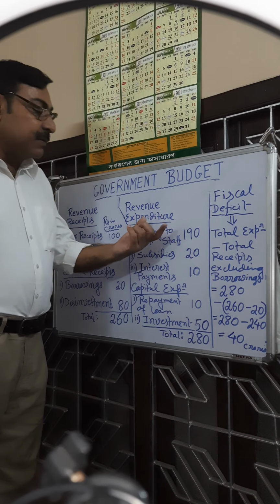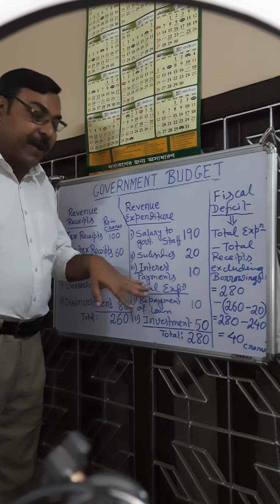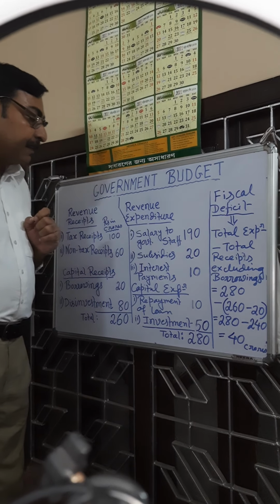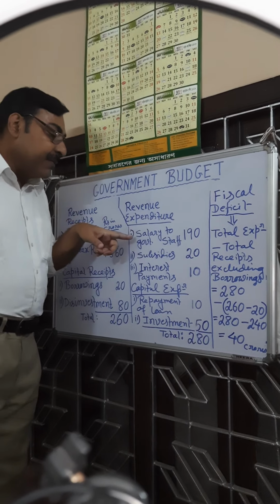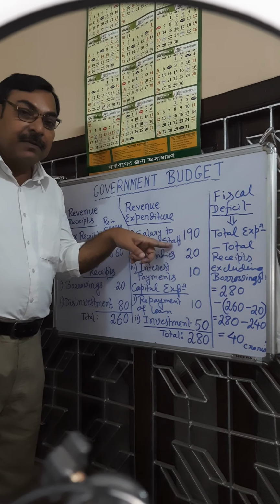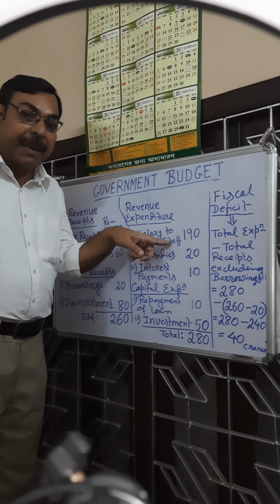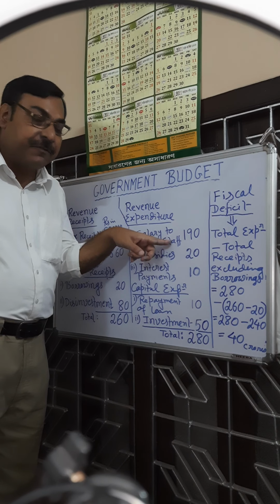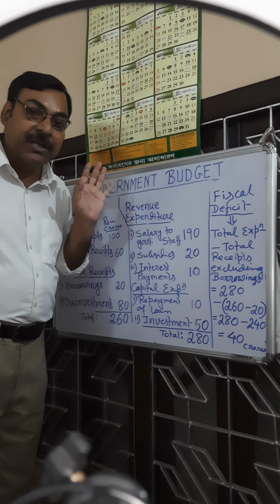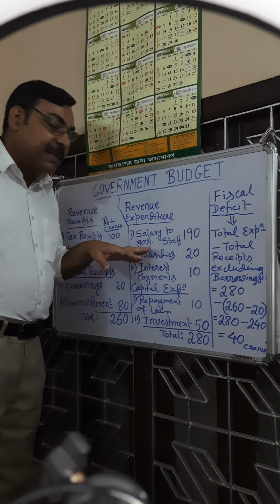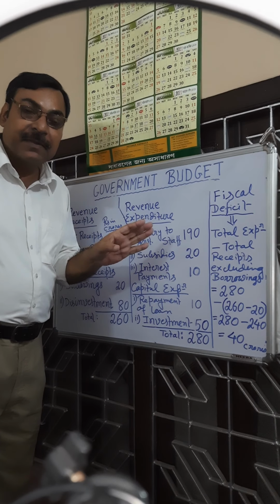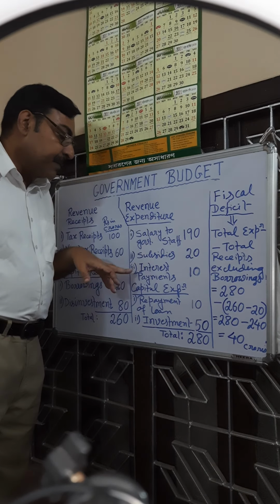Now see the government expenditures, again classified into two: revenue expenditure and capital expenditure. First item in revenue expenditure, salary to government staff. Expenditure to pay salary to staff does not affect asset liability condition. Subsidies given to small producers never affect asset liability condition.